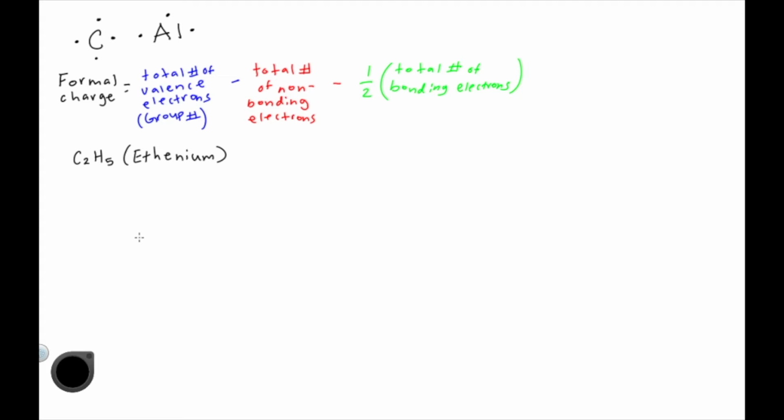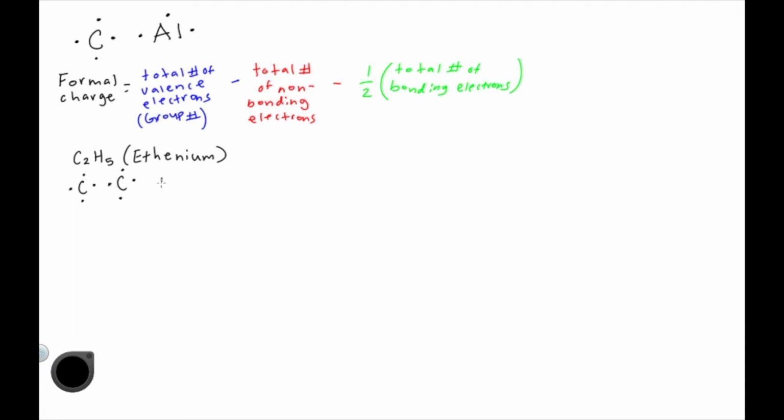So we draw the Lewis structure of each atom to get a picture of the total number of valence electrons. So we have 1 carbon, which has 4 valence electrons around it because it's in group 4. Another carbon, which also has 4 valence electrons.